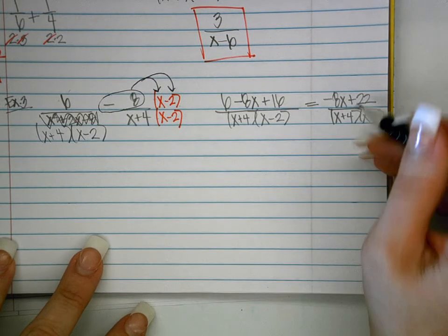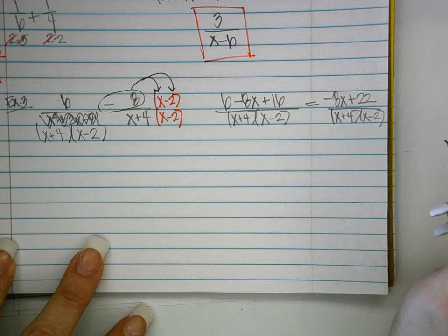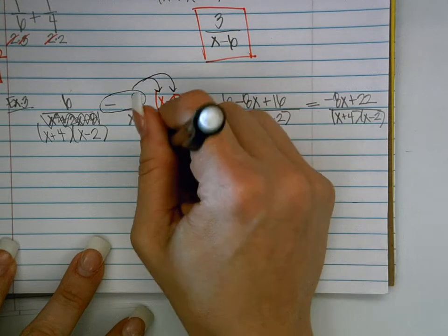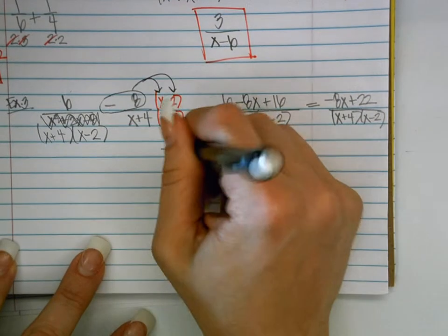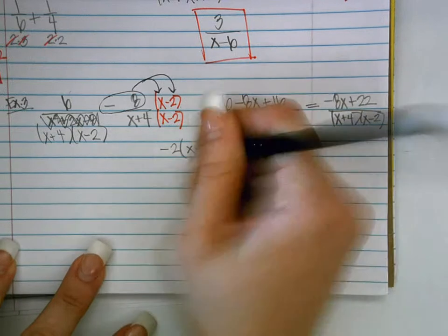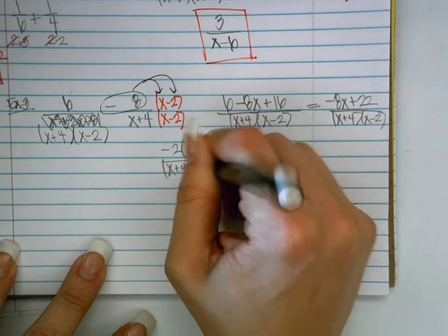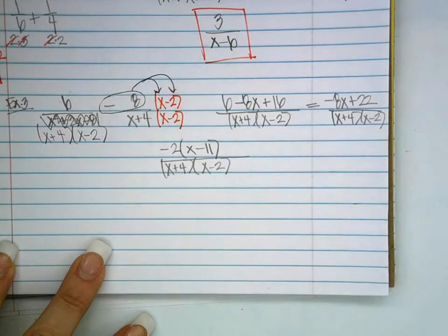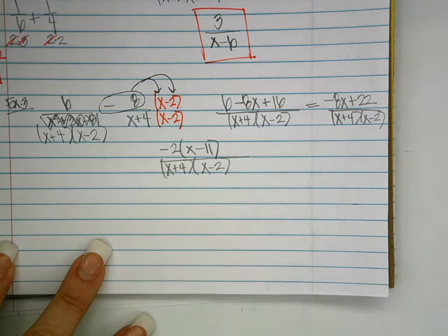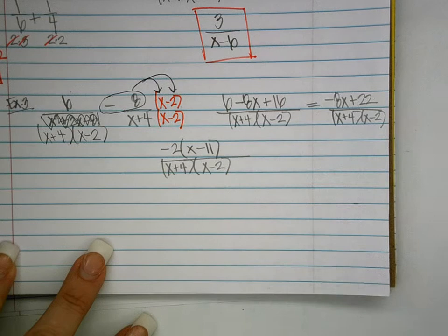What's the GCF for negative 8 and positive 22? Negative 2. Take it out, you'd have x minus 11 over still x plus 4 and x minus 2. And can anything reduce? Does anything reduce there? No. So that's your answer.